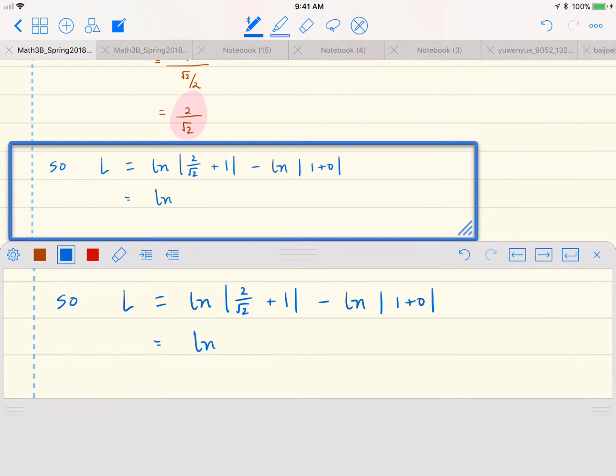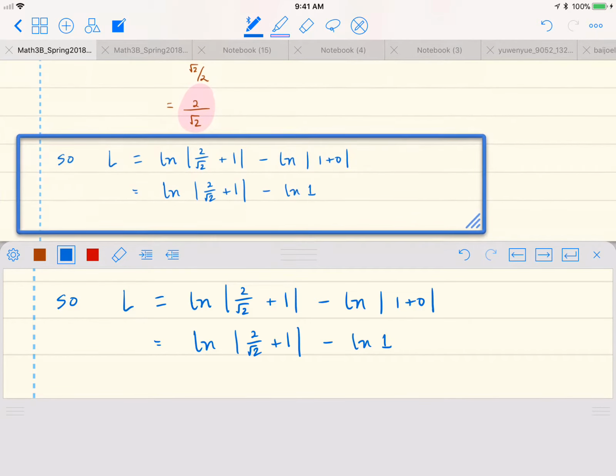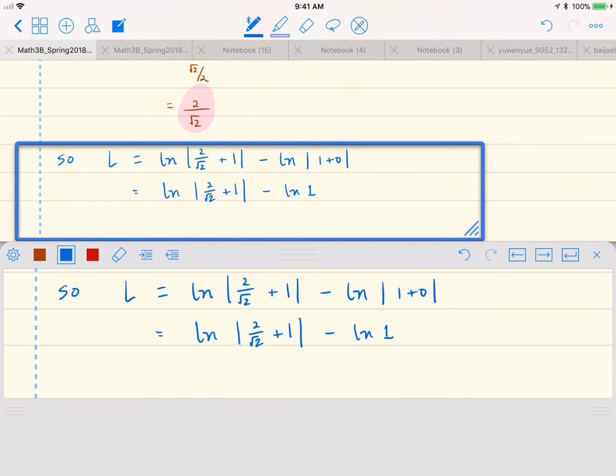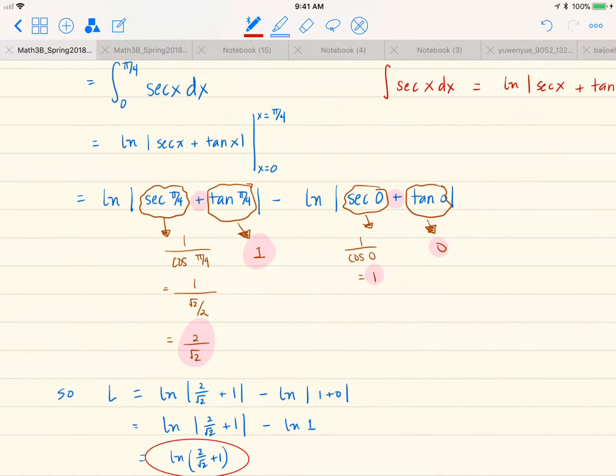But that's just the natural log of 2 over root 2 plus 1 minus the natural log of 1. The natural log of 1 is equal to 0, so we just get natural log of 2 over root 2 plus 1. We don't need the absolute values anymore because what's inside them is a positive number. Okay, and that is our arc length.